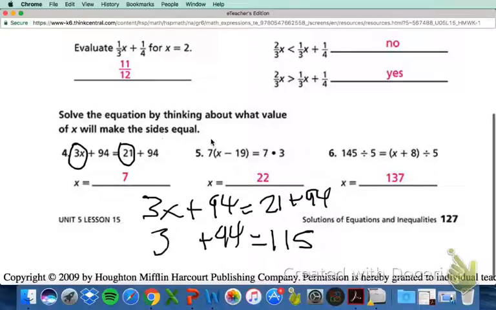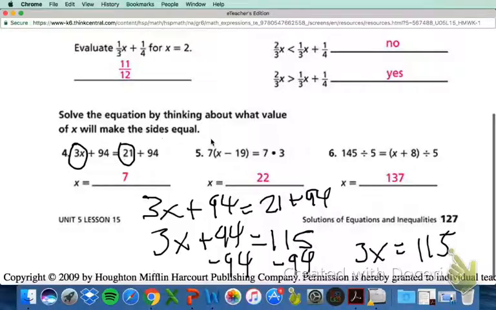So now we have 3 times x plus 94 is equal to 115. If we subtract 94 from both sides of this equation, we're left with 3x equals 21. Then we divide both sides by 3. x is equal to 7, which is what we came up with.